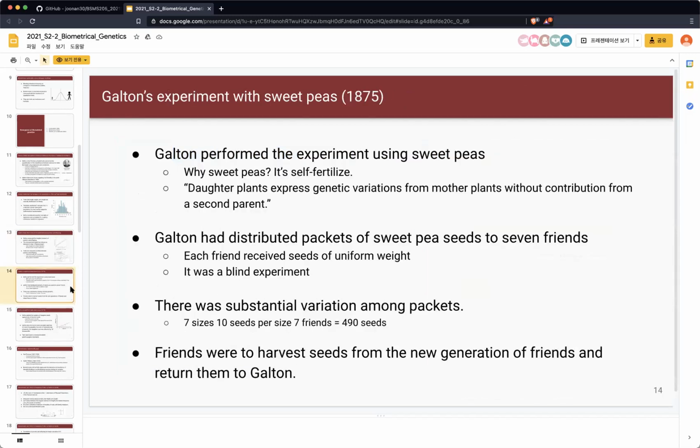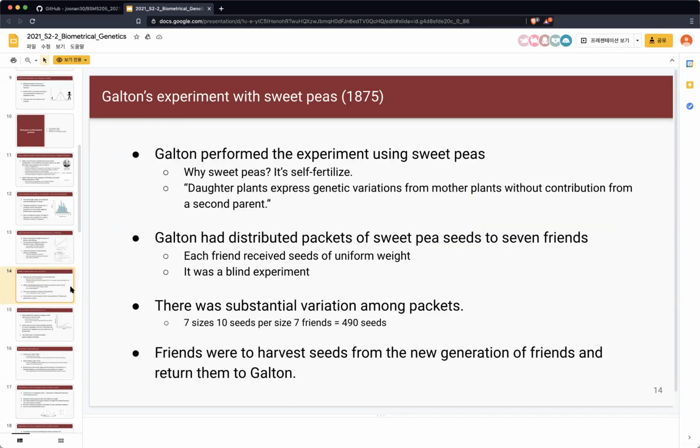Okay, and then Galton also used other types of experiments. He also used sweet peas, as Mendel did. He looked at the sweet pea size between the mother and daughter seeds, and looked at whether there is any correlation between the parents and child, as he observed in human height, right?